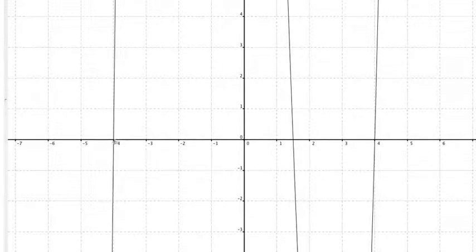It's just the case that for this function, if negative 4 is a critical value, then one of our intervals on our x-axis is from negative infinity up to negative 4. But you'll notice all of the y values from negative infinity up to negative 4 are negative.